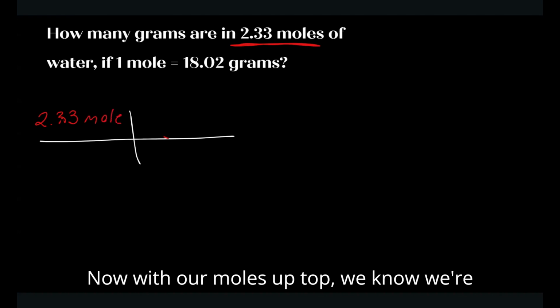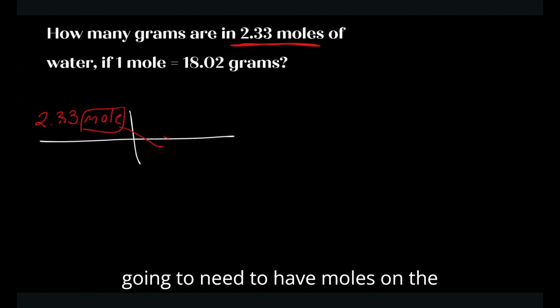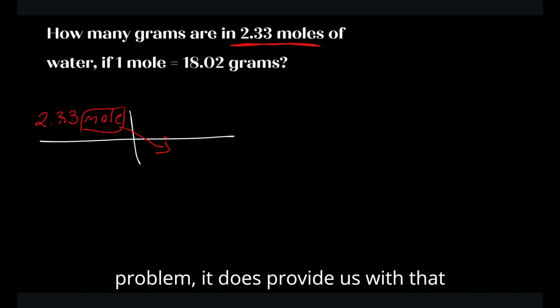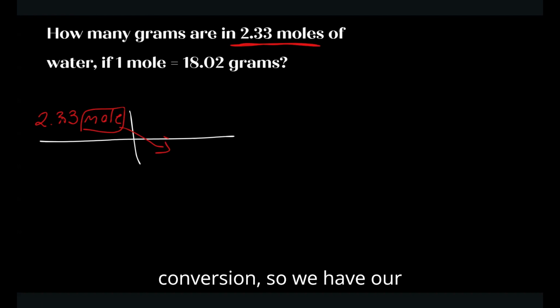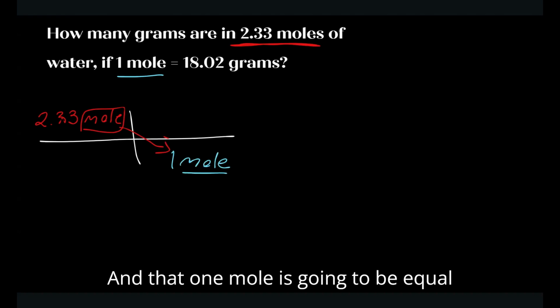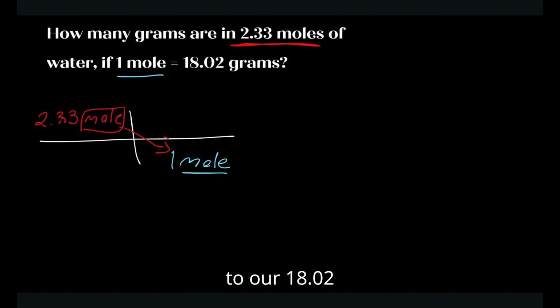Now, with our moles up top, we know we're going to need to have moles on the diagonal. Looking at our problem, it does provide us with that conversion. So we have our 1 mole, and that 1 mole is going to be equal to our 18.02 grams.